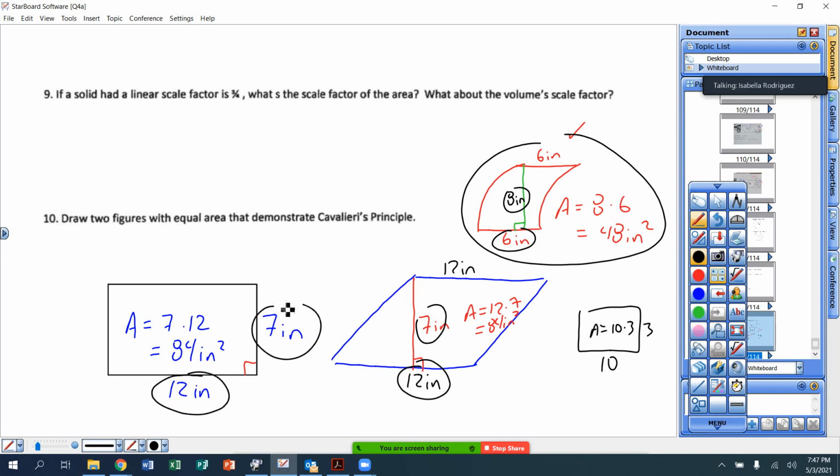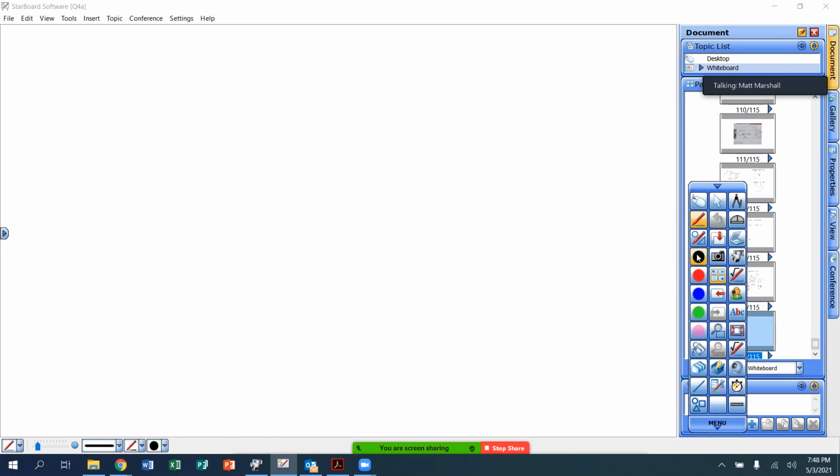Yeah. So it says you need to draw two figures that demonstrate that principle. If I was you and you had to draw something like that, you'd probably draw two parallelograms. And again, a parallelogram has two bases that are the same length, but are kind of skewed like that. And then you draw your other sides.